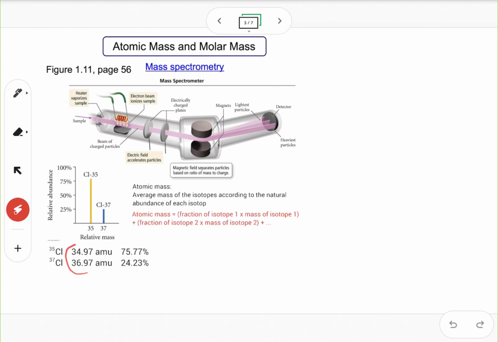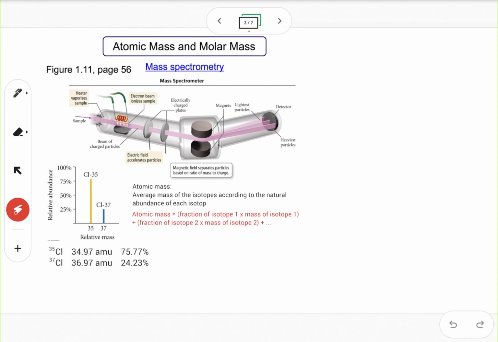And how about the atomic mass for each isotope? Well, they can be identified on the x-axis. So for chlorine 35, the atomic mass is 34.97 AMU, and for chlorine 37, it's 36.97 AMU.